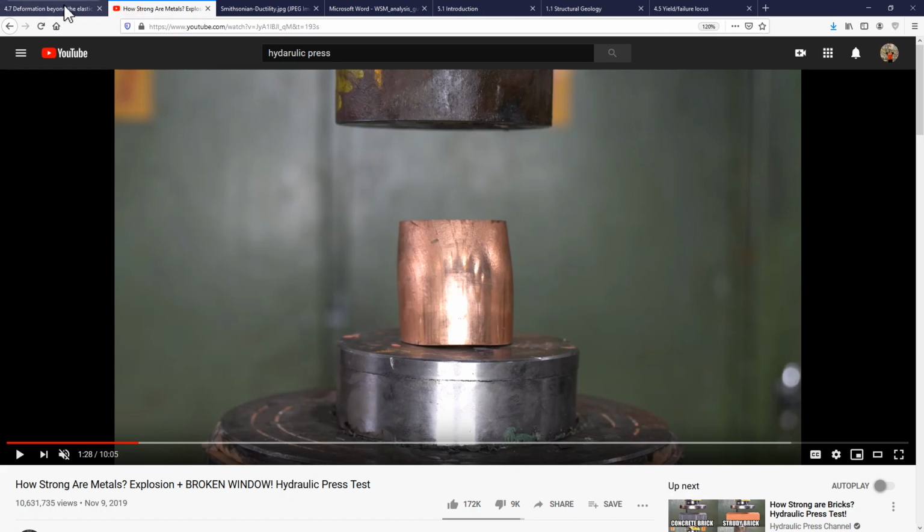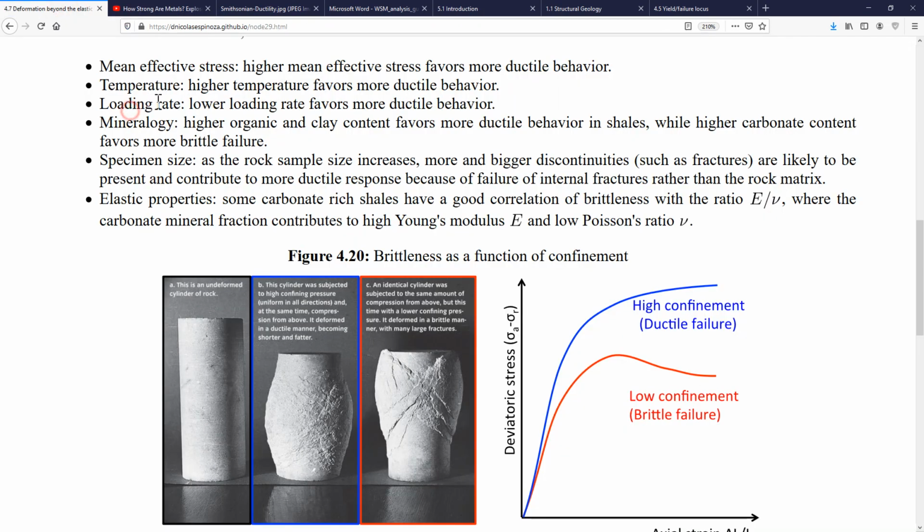And another parameter that's going to affect that is also the loading rate. Usually, the slower you fail a rock, the more chances you are going to have to develop a ductile behavior.